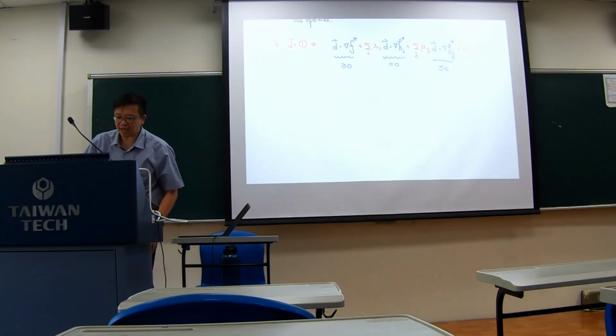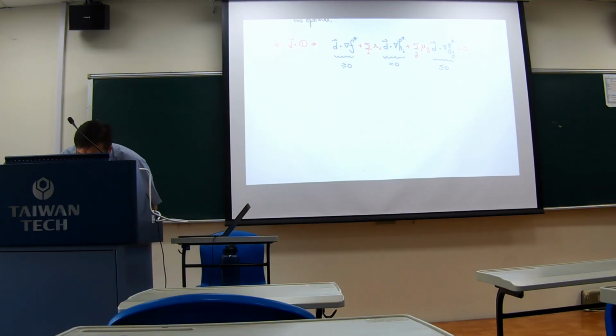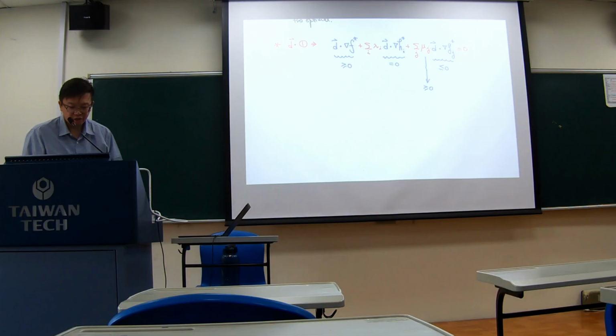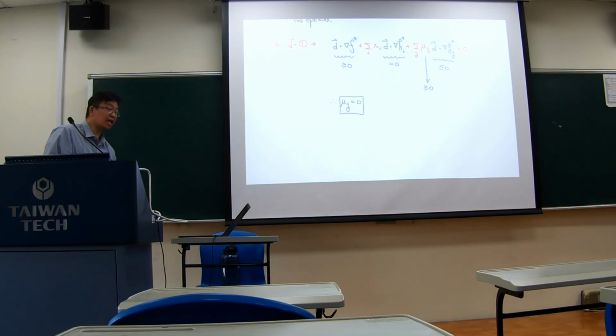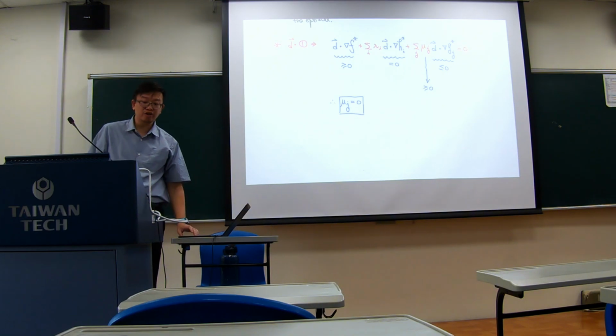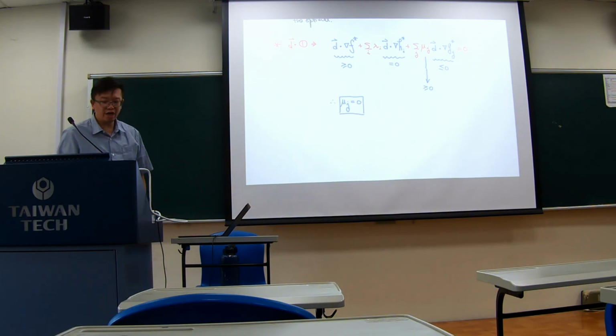So this indicates that mu j has to be positive. Okay, so that's why in the KKT condition there is this particular rule: mu j must be greater than or equal to zero.